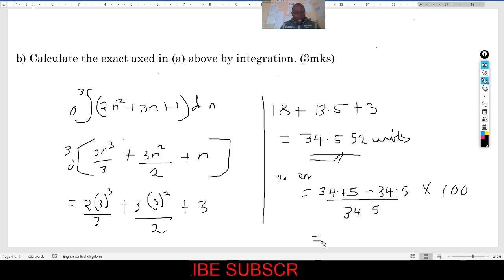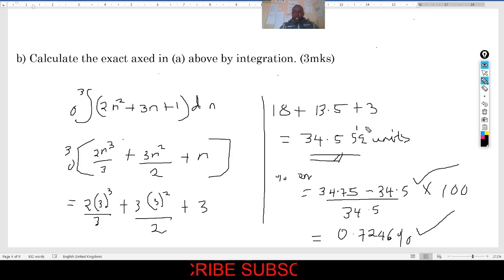You do it, you'll get 0.246%. So that is how to find the percentage error.